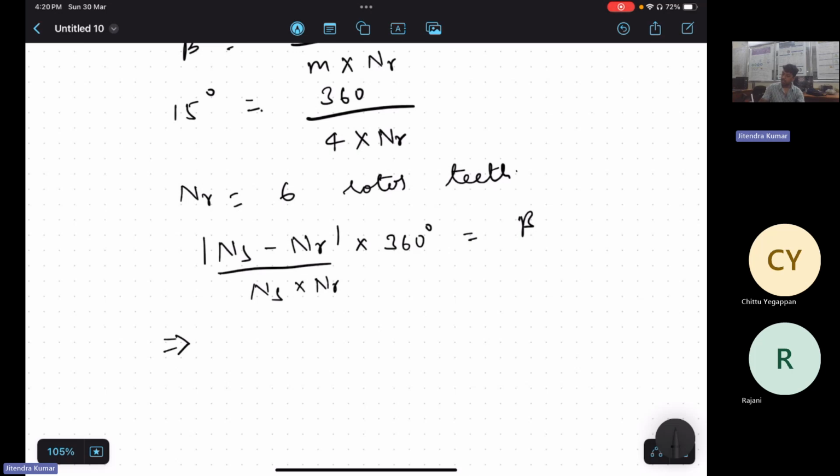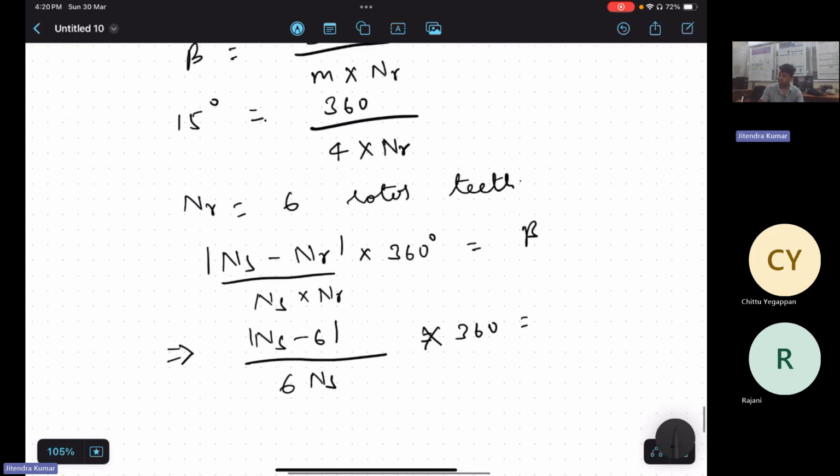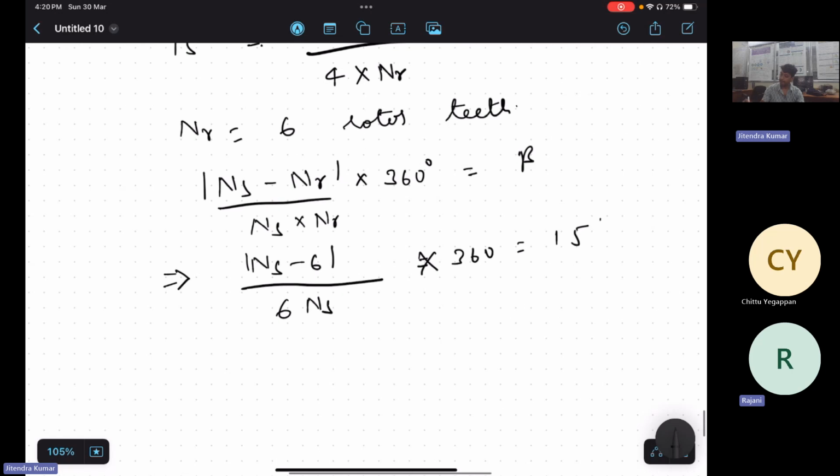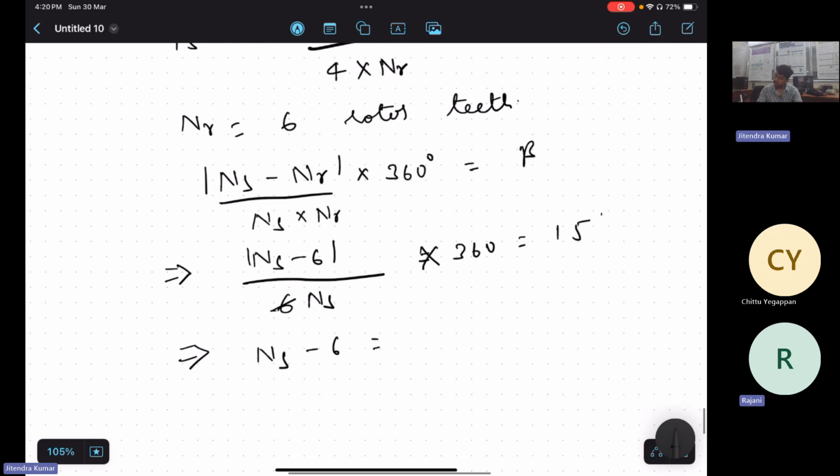So NR we have calculated. So NS minus 6, still we will have to take mod, over 6 NS into 360 degree, and beta is 15 degrees. So 6 is equal to 60, 6 over 4 is equal to NS by 4.